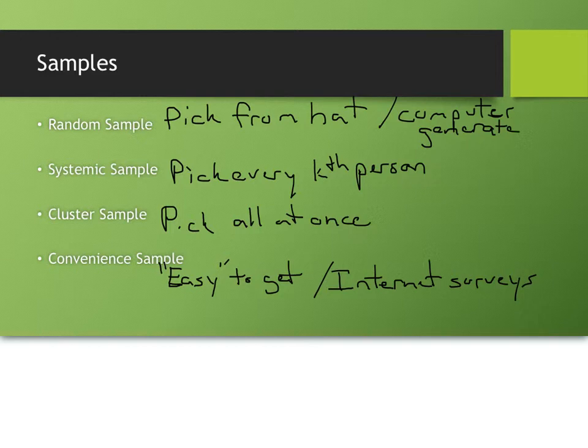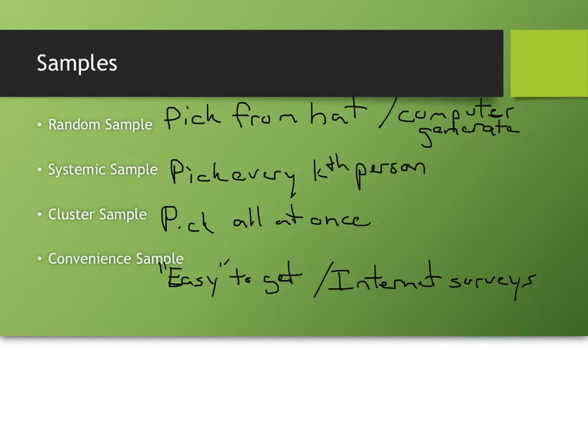Well, you're going to get vastly different results based on the websites that you go to. If you go to certain websites, they may have a lot of Republicans. If you go to other websites, they may have a lot of Democrats. So internet surveys are never as good, and they are convenience samples.